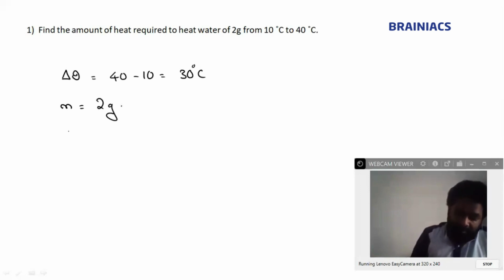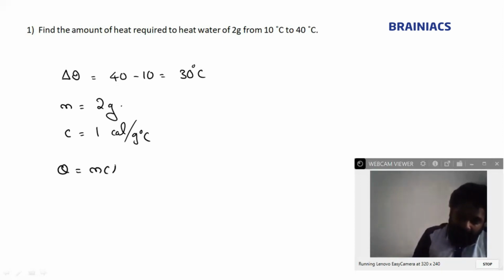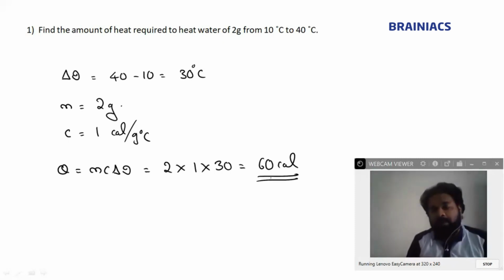And specific heat capacity of water is 1 calorie per gram degree centigrade. These are the data given. So Q is equal to mc delta theta, which is 2 into 1 into 30. So 60 calorie. Totally 60 calorie heat is required to heat the water.